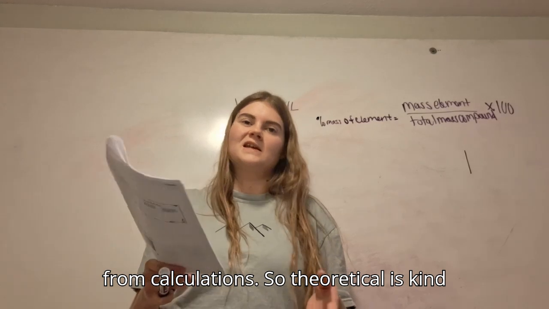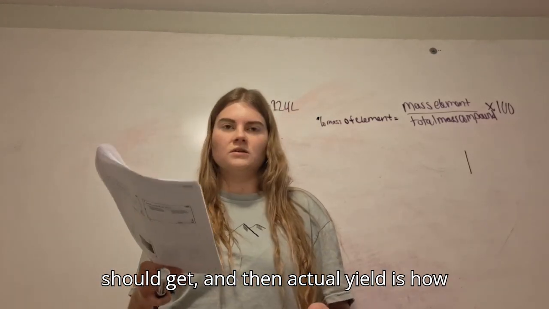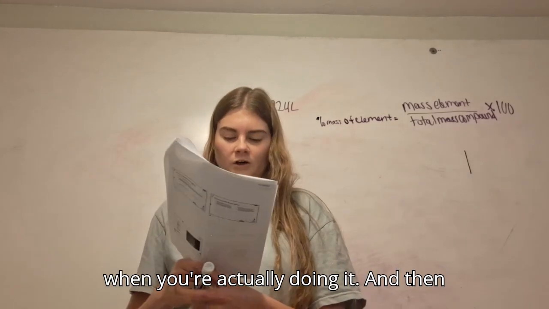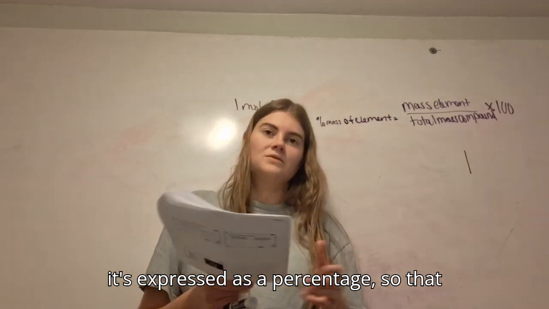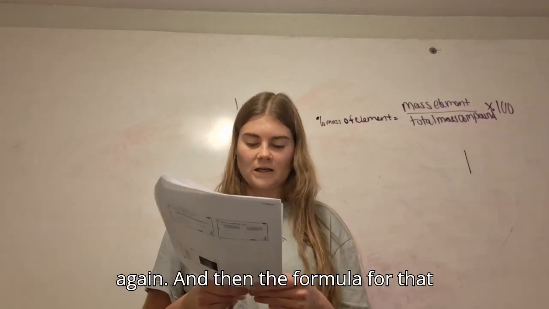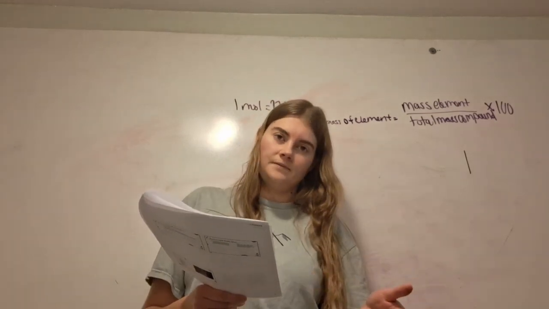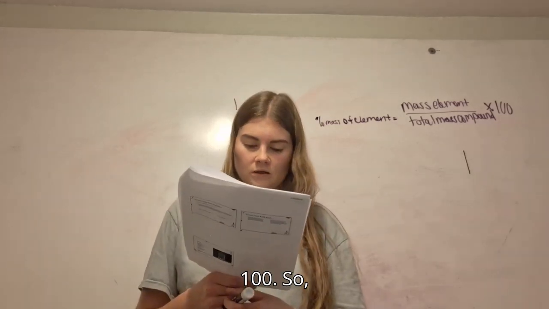So theoretical is kind of like in a perfect world, how much you should get, and then actual yield is how much you get with the experiment when you're actually doing it. And then it's expressed as a percentage, so that means you have to multiply it by 100 again. The formula for that is actual yield divided by the theoretical yield times 100.